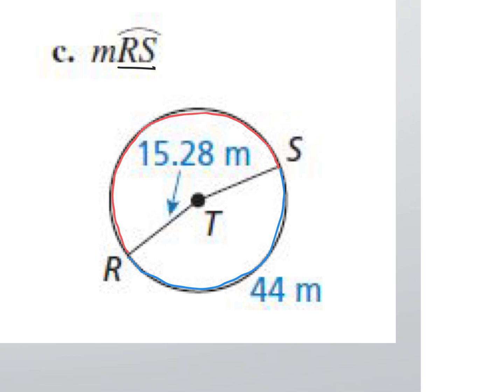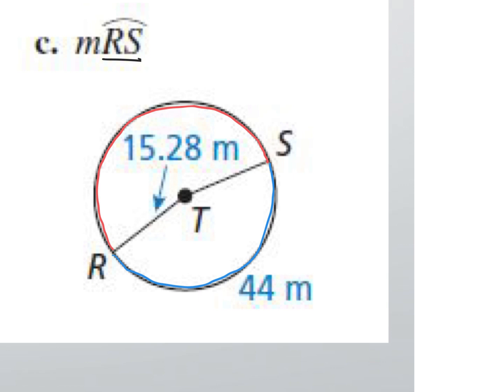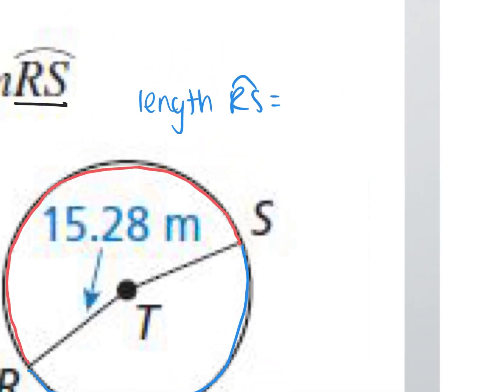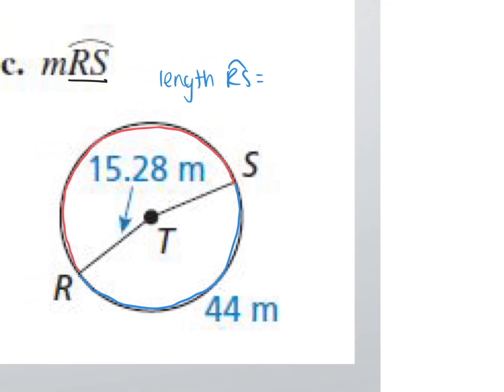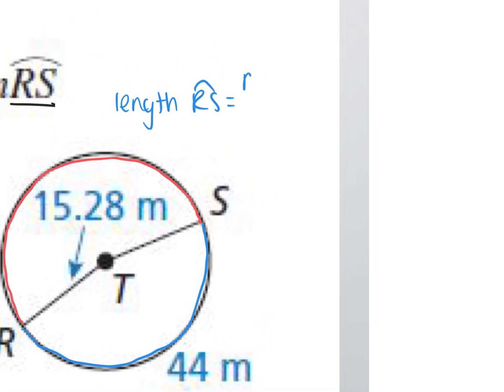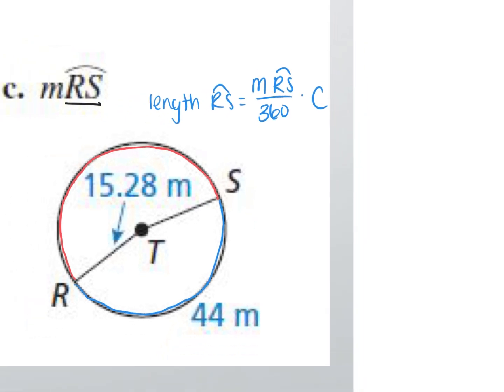The notation absolutely matters. So if we're finding the length of RS, we're going to put length of RS, the arc. It's equal to what? What's the formula? Yep. The measure of RS divided by 360 times C. Okay? Very good. And in this case, guys, we are looking for the measure of RS.